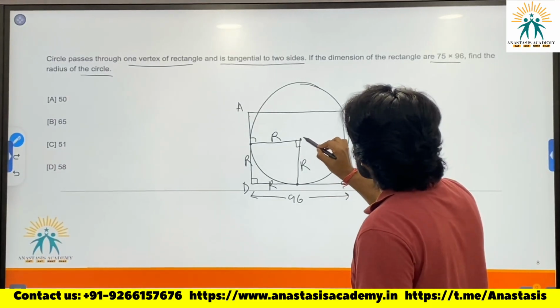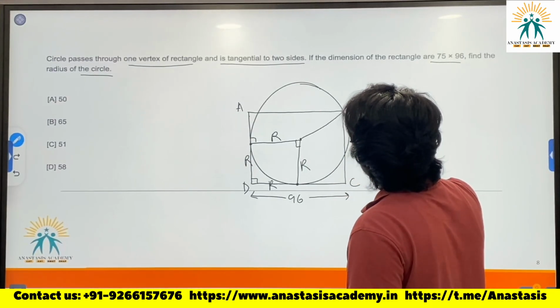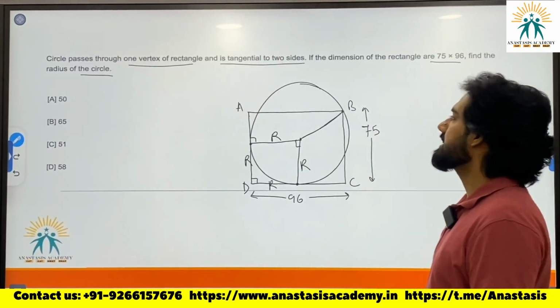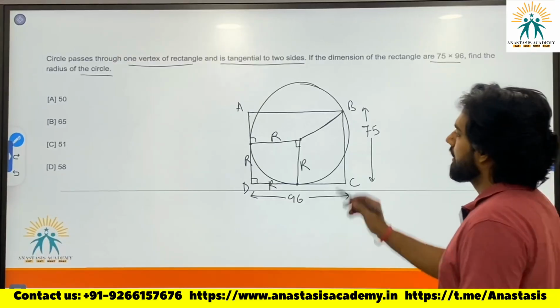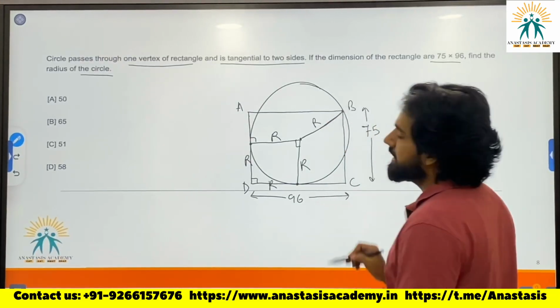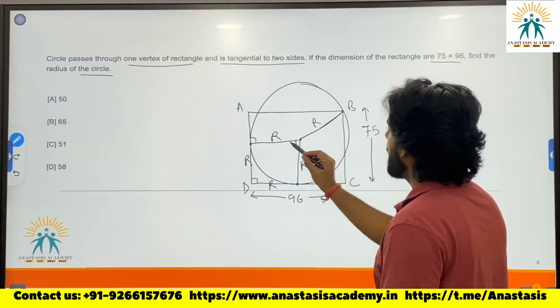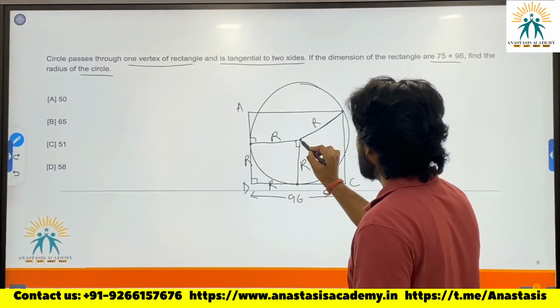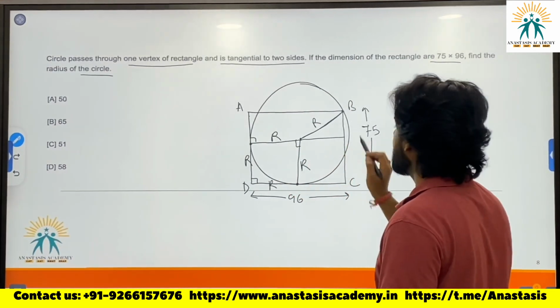Now connect this vertex, that is vertex B of this rectangle, to the center of this circle. This length is also the radius. Now try to form a triangle by extending this line from the center to the other side.